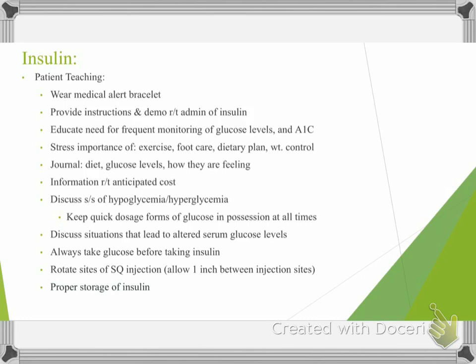They always need to take glucose before taking insulin, so they need to be eating, okay? They need to rotate sites of sub-Q injection, allowing 1 inch between injection sites. This will help prevent lipohypertrophy. And then proper storage of insulin, how they need to store it.